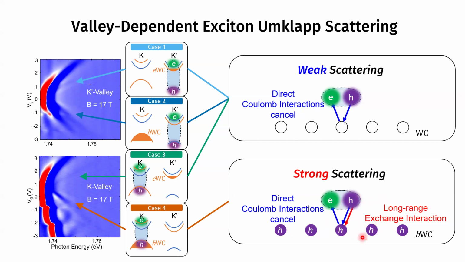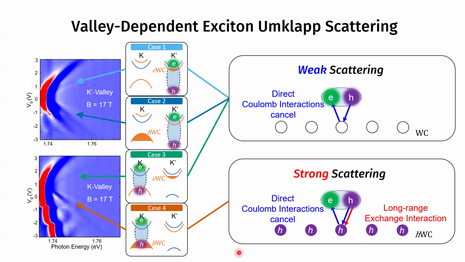And so this additional mechanism, which is stated here in red, is the long-range exchange interaction, which is sizable only in case 4 because the hole in the exciton is interacting with identical holes that comprise the Wigner crystal. And so there is some Pauli exclusion between the exciton and the hole Wigner crystal. And so this is why we see strong scattering in case 4 only.